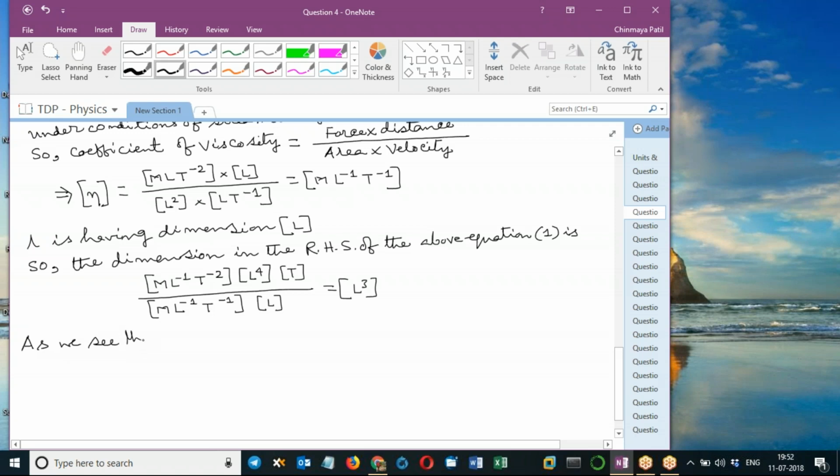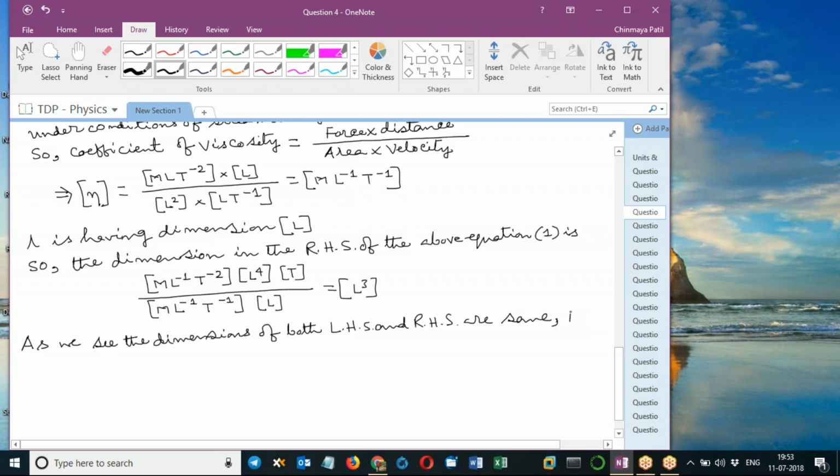As we see, the dimensions of both left hand side and right hand side are the same.